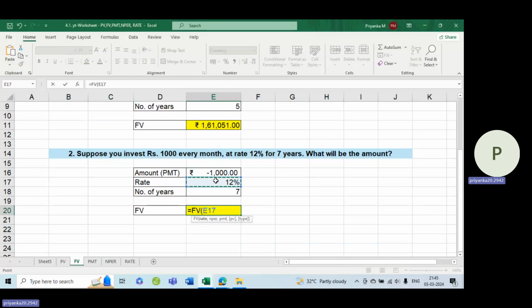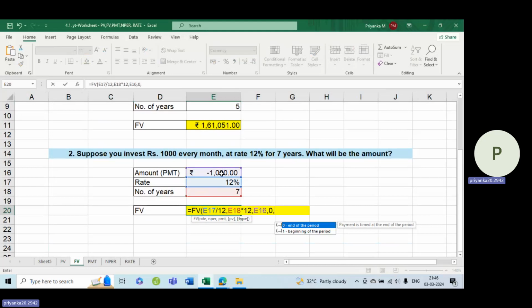So obviously for the rate we have to divide it by 12, comma, number of periods, number of periods into 12, comma, then what they have asked for is PMT, which is nothing but per month how much they are going to contribute. So that's it, comma, and my present value is 0.